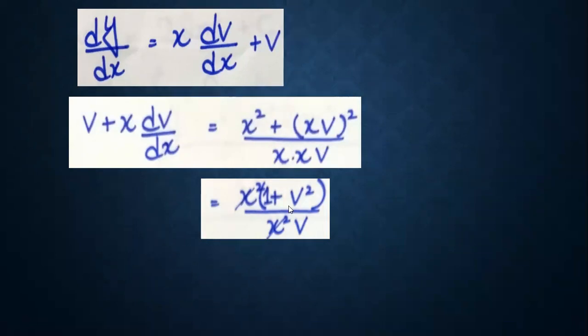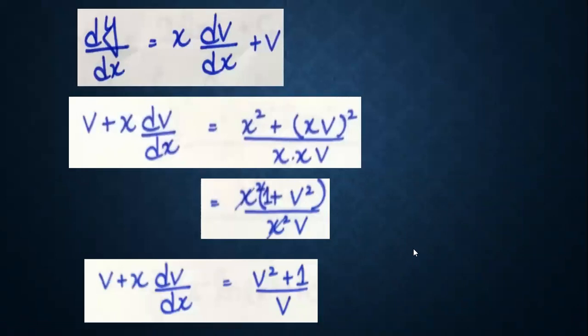So the x square and x square will cancel, and when you take x square common in the numerator, you get 1 plus v square over v. So what we have is v plus x dv over dx is equal to (v square plus 1) over v.